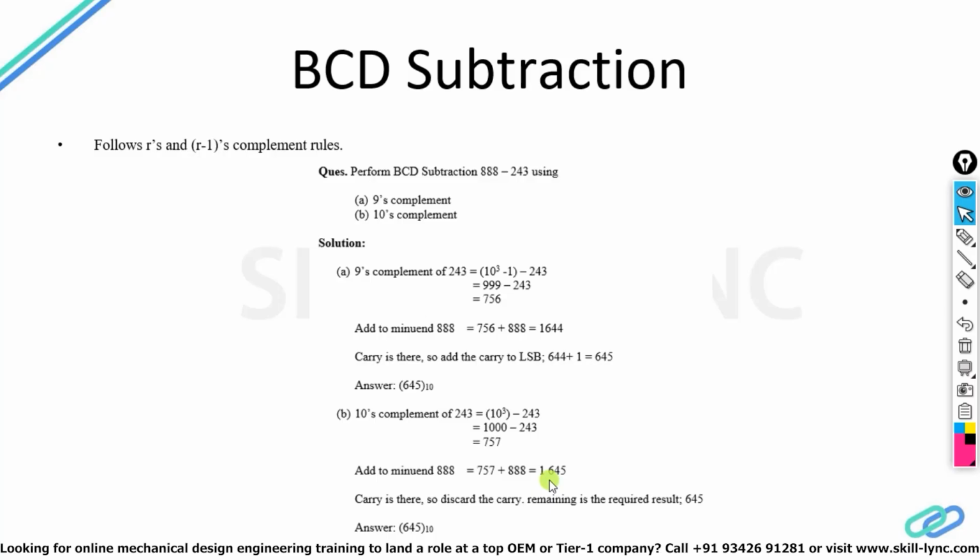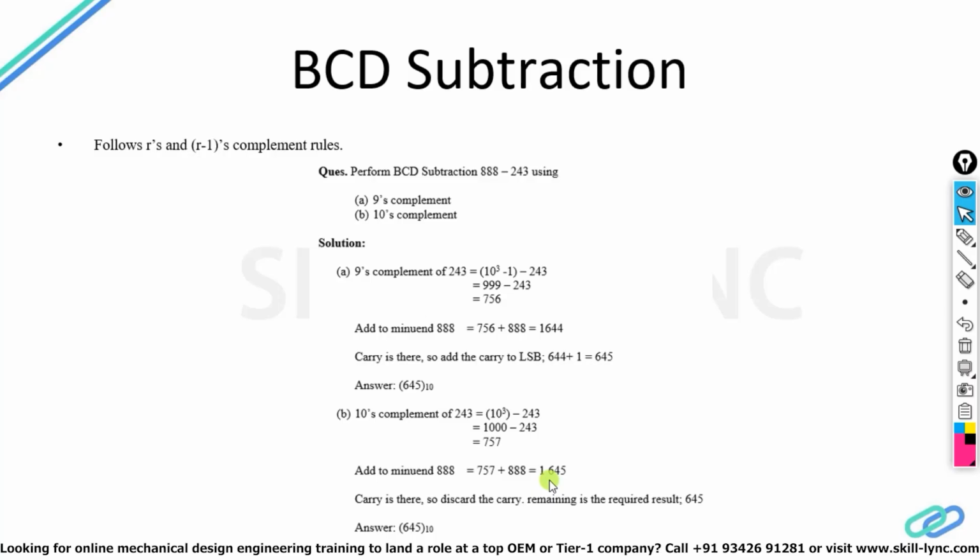Just like in the previous videos, we have seen how to measure the carry. Carry can be measured by counting the number of digits in the sum and the minuend in the question and in the resultant. If it is matching, then there is no carry. If it is having an extra digit in the resultant, it means it is having a carry. So the carry is here, but the r's complement rule says, if carry is there, then you will ignore this carry.